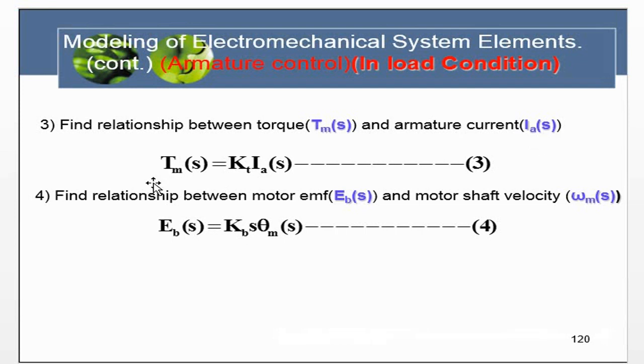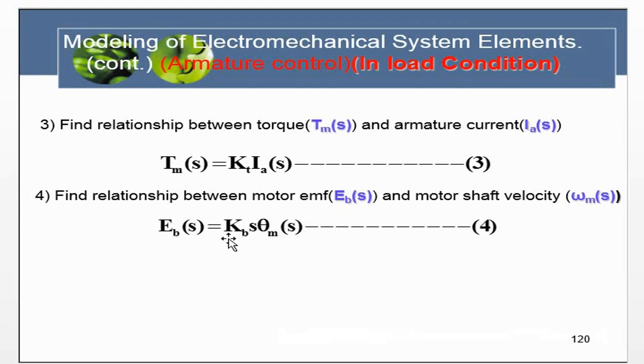We know that from the electrical side, the torque is equal to Kt Ia, where Kt is the torque constant, and the relationship between motor EMF Eb(s) and motor shaft velocity omega m(s), where Eb(s) is equal to Kb s theta m(s).